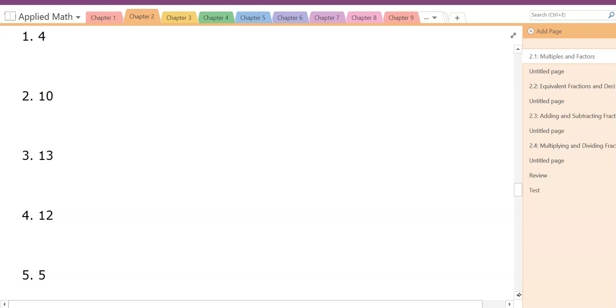So what did you guys write down for number 1? Composite. I'm just going to abbreviate and put a C. How about number 2? 3? 4? And 5. Good.